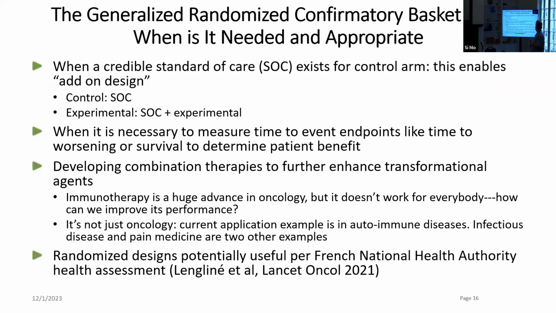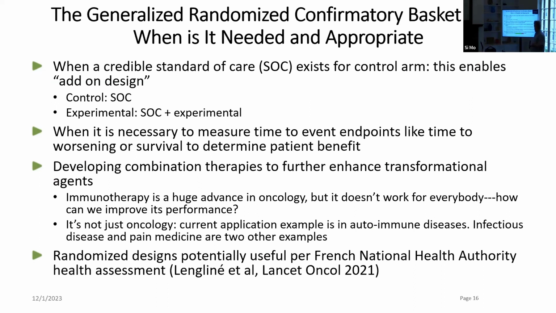So you might use these designs when you're able to have a control group, which is when there's a standard of care, so the control group gets standard of care. If there's no treatment, you're not going to give a dying cancer patient placebo. But if there's a standard of care that everybody gets, then you can add the experimental drug on top of it.